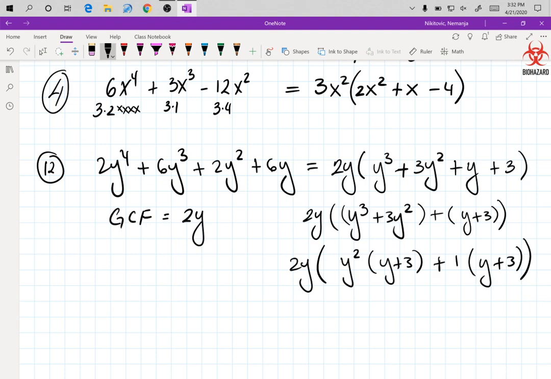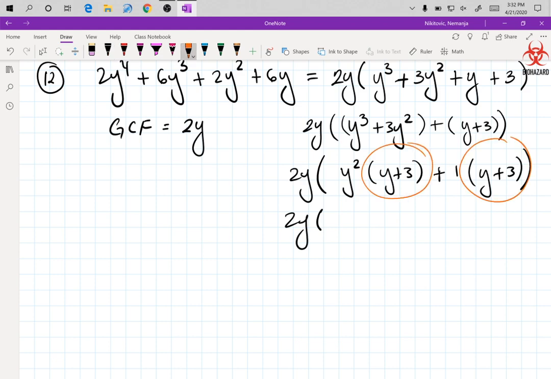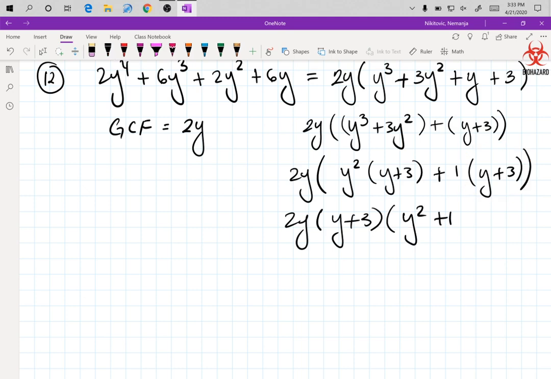They have nothing in common, but the number 1 is always out there. So now we copy the 2y. When you take a look, this and this are the same. It's common. So we can pull those together into y plus 3, and the leftover is y squared plus 1, which is the other stuff. Y squared plus 1.